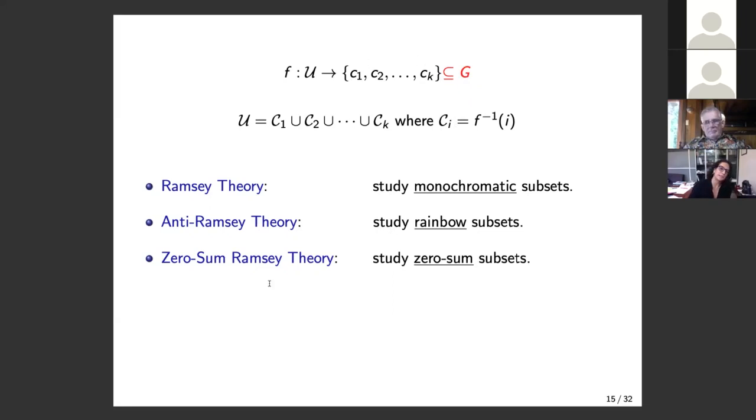In this setting, there is a lot of theory developed, mostly when the group is cyclic, or has some torsion. Then there are similarities with Ramsey theory, in the sense that we can find results analogous to classical Ramsey theory.